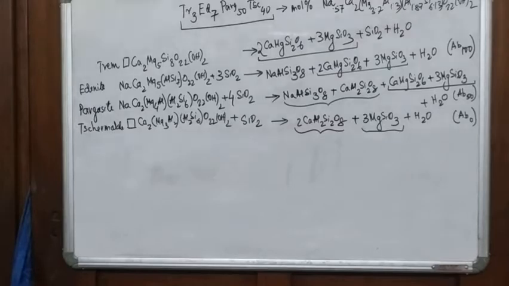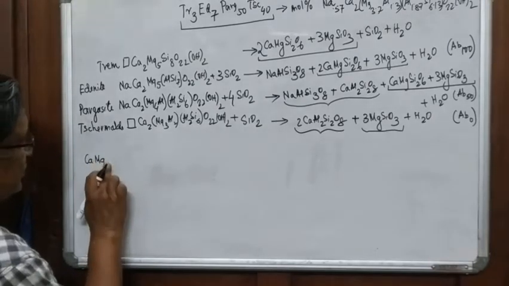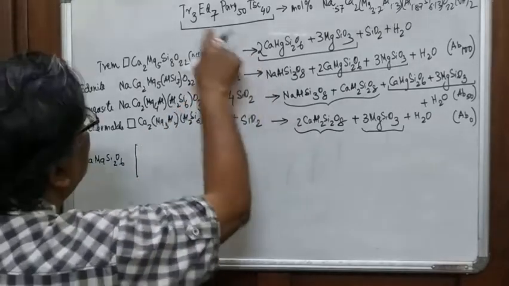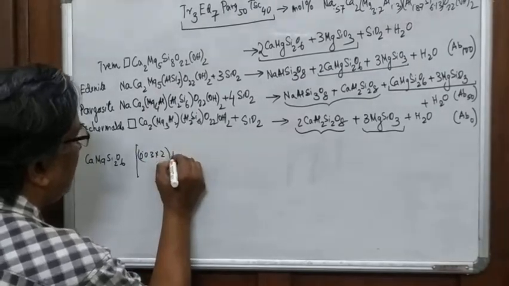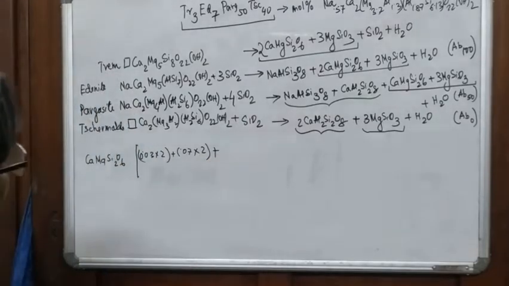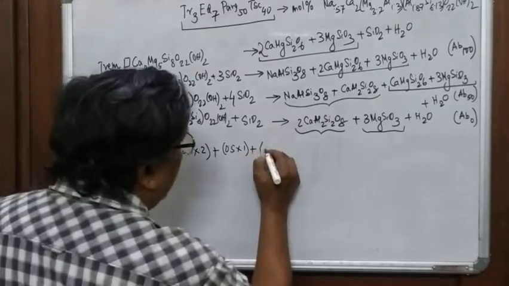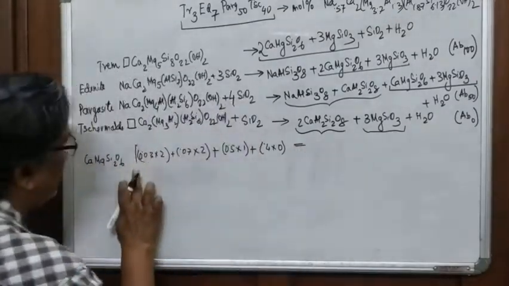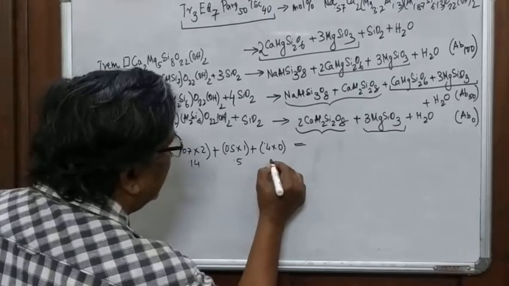So we first look at, for example, diopside, CaMgSi2O6, and by the same method we can write 2 into 0.03 plus 0.07 into 2 plus 0.5 into 1 plus 0.4 into 0, because there is no diopside here. This adds up to 0.06, 0.14, 0.5 and 0.